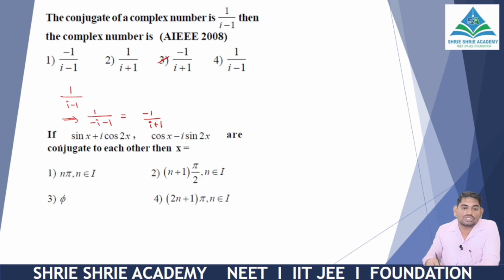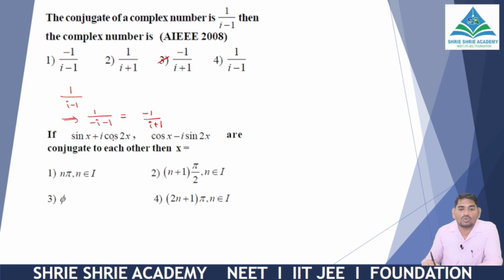Then see the next question. If sin x plus iota into cos 2x and cos x minus iota into sin 2x are conjugate to each other, then what is the value of x?